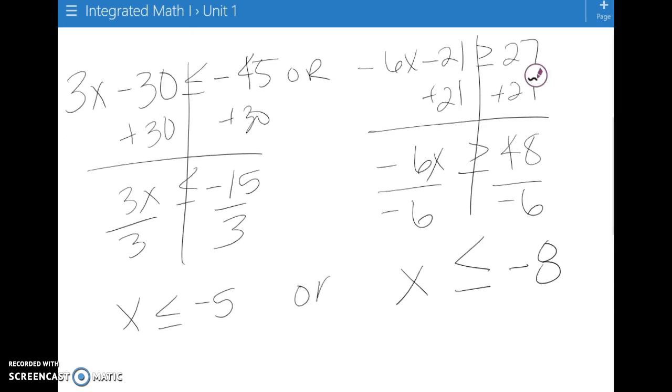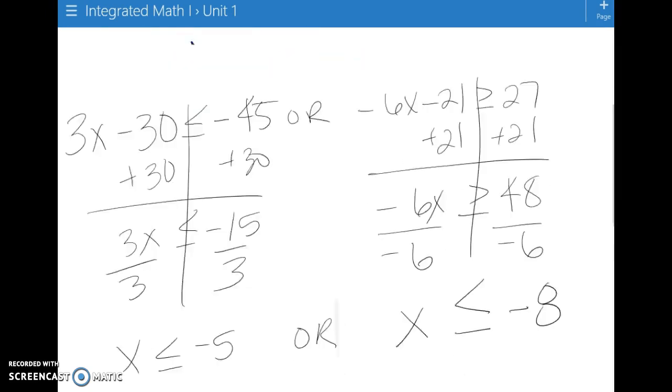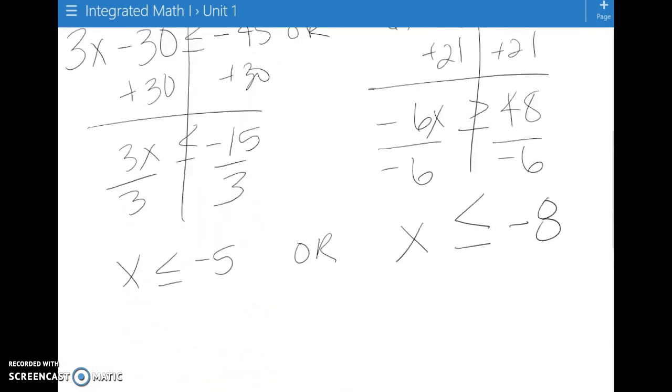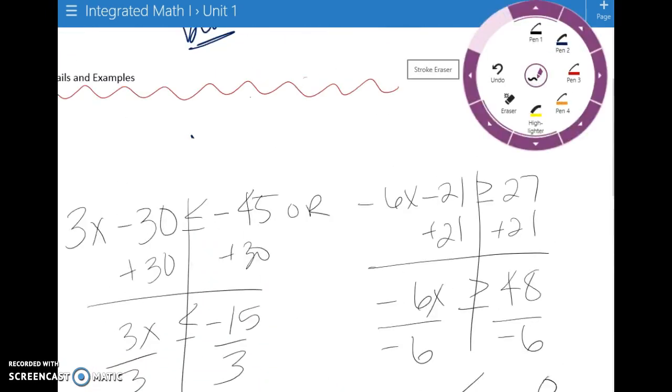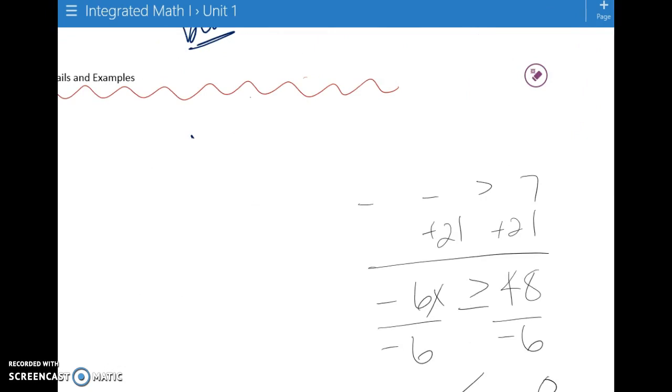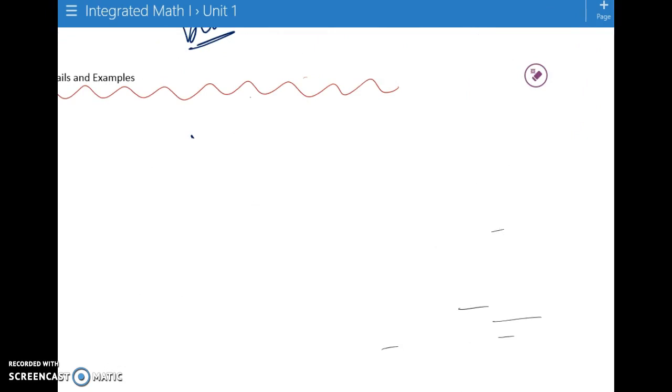And then when you're done, you just put the or on there. Okay? All right, let's do another one. So the ors are pretty easy. You just solve each separately, and when you're done, put an or in between your two solution sets.